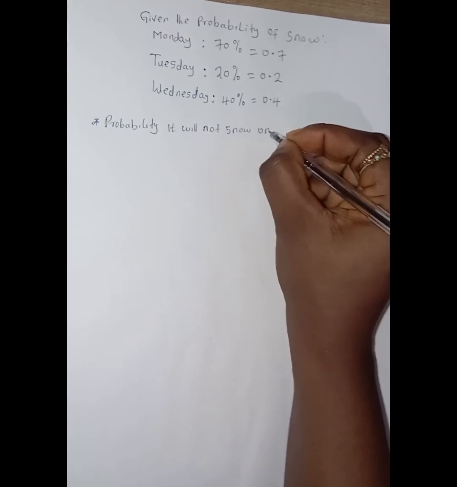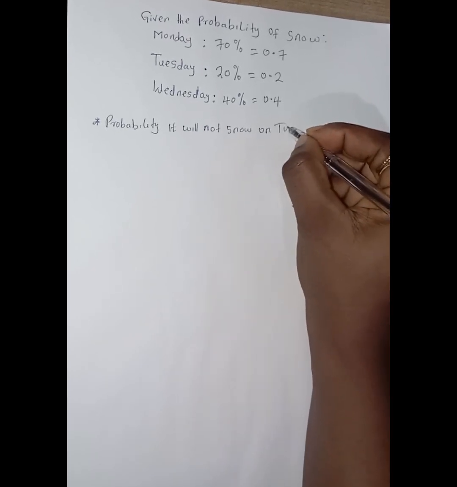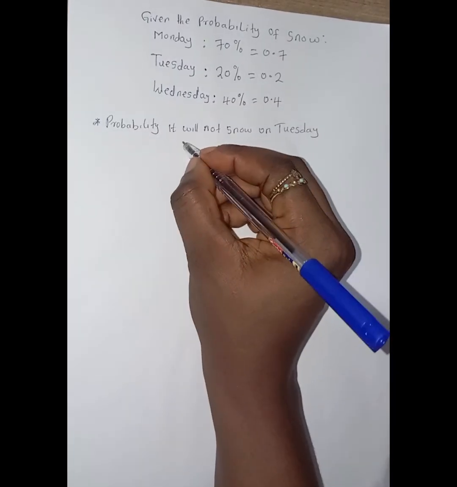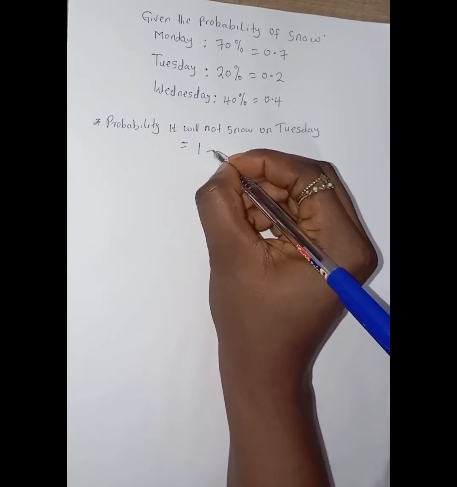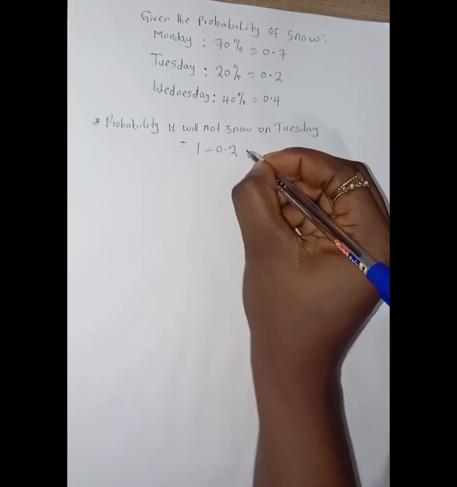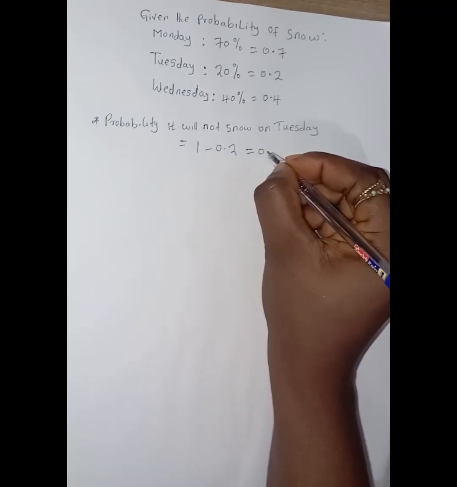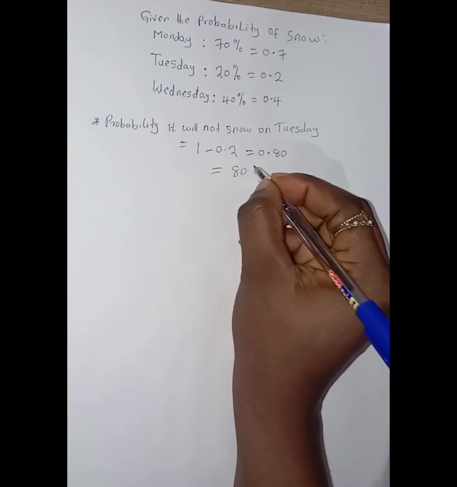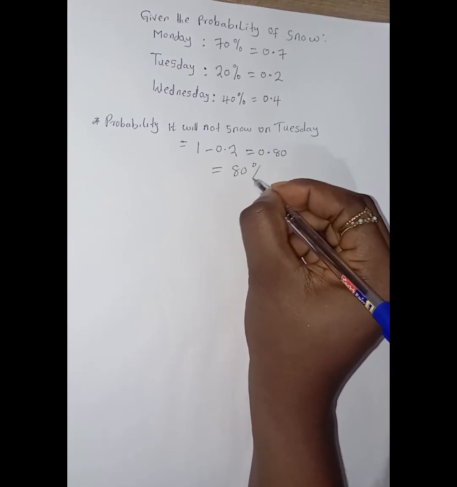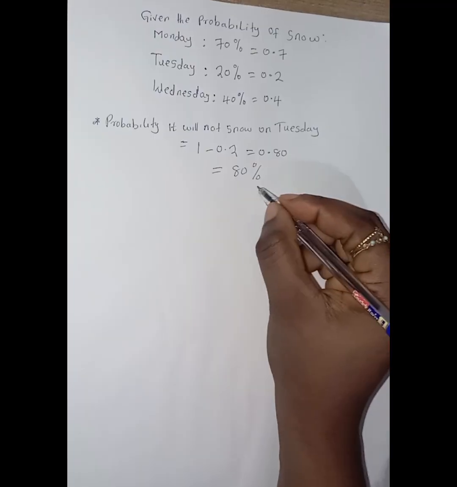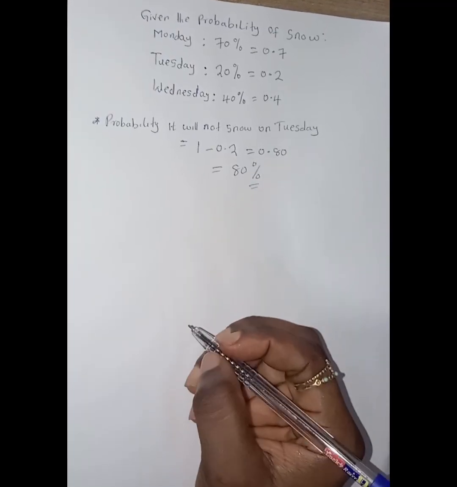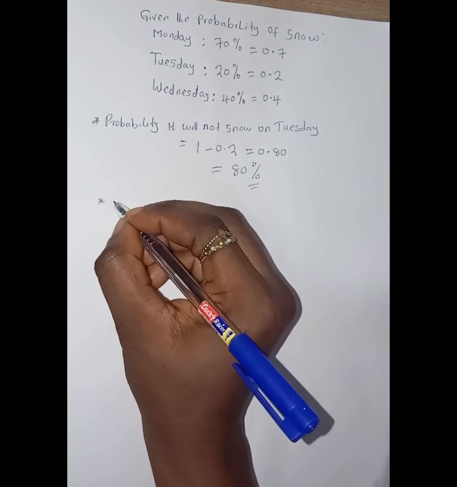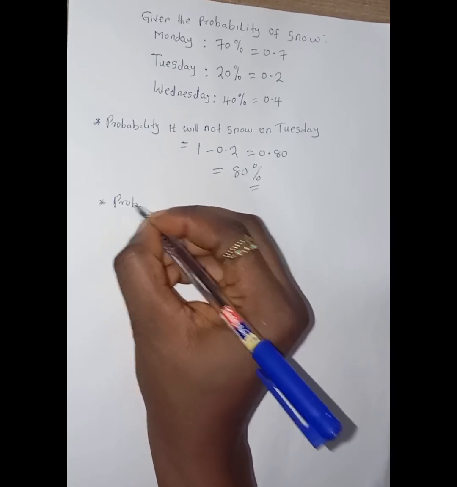To solve this, I'm going to say 1 minus 0.2 is equal to 0.80, which is equivalent to 80%. The 0.2 is gotten from the probability of it snowing on Tuesday, right?